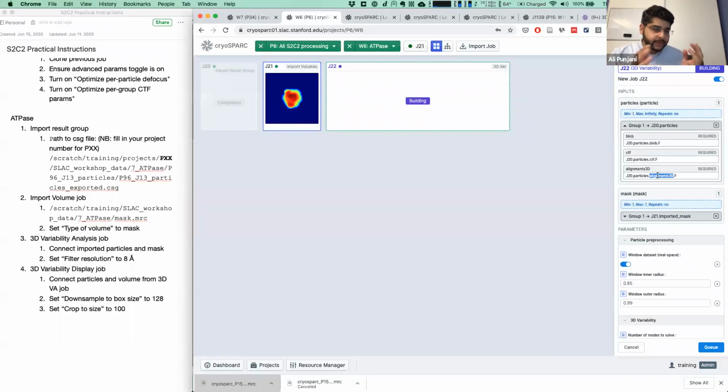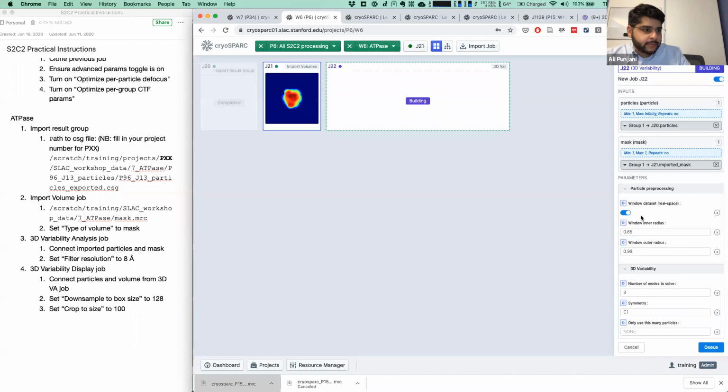So that might be an average of all the different classes and alignments for every particle. And we know that those alignments might be slightly wrong because we haven't dealt with the conformational differences, but that's not important. 3D variability will actually help us figure out that problem. So those are the inputs that we need for 3D variability analysis.